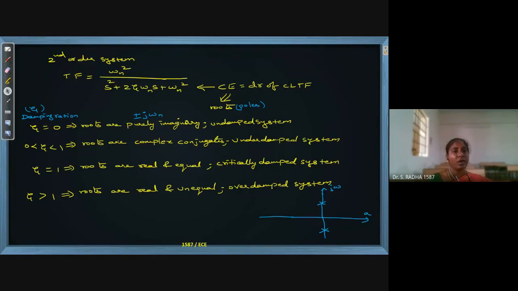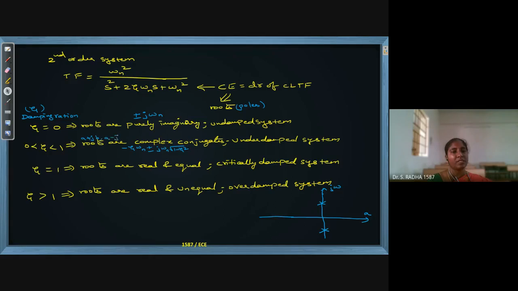Okay. Now, complex conjugates. How will the roots be complex conjugates? We have minus eta omega n plus or minus j into omega n square root of 1 minus eta square, something like this. In another way we can also take it as a plus jb, a minus jb.